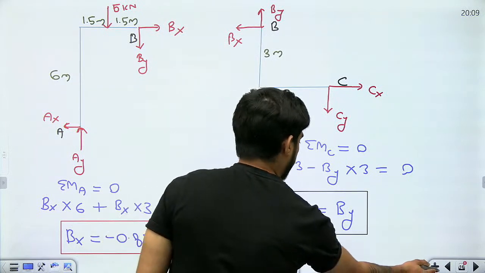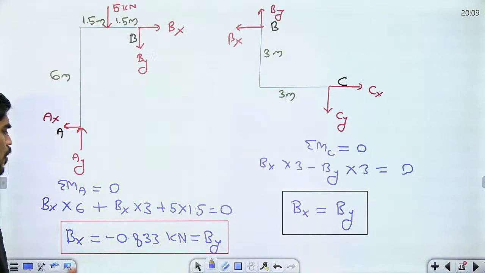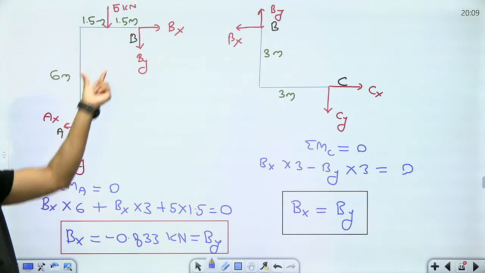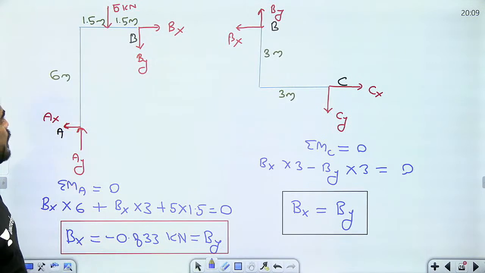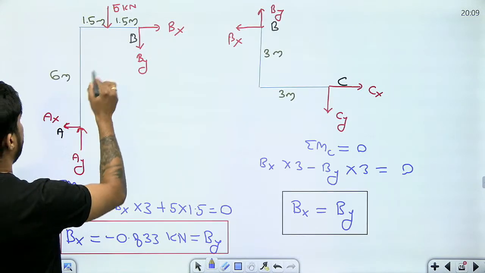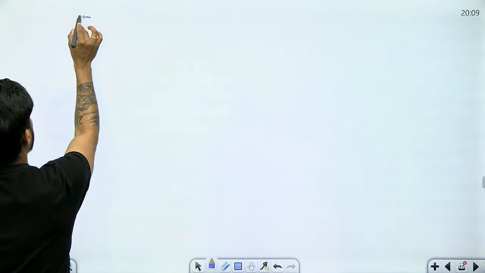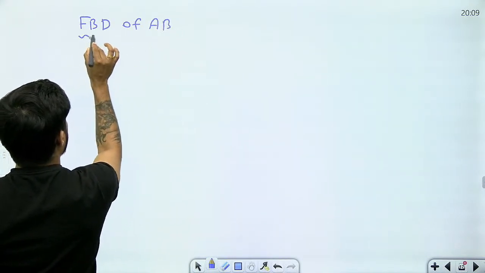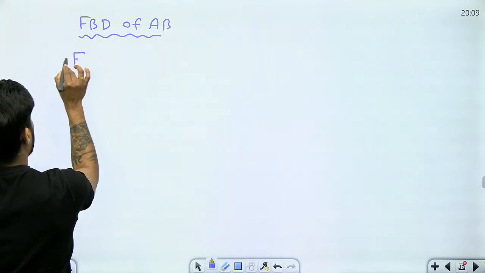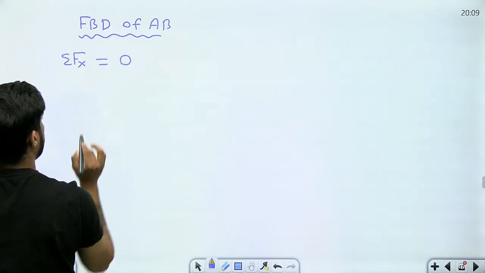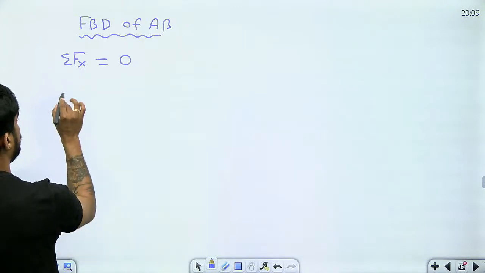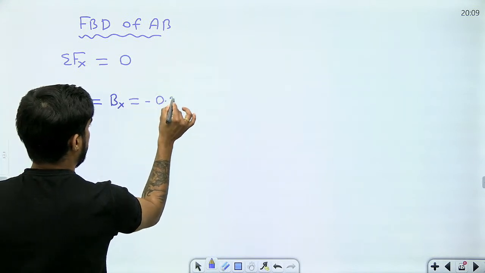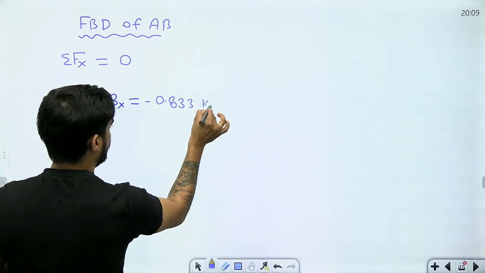चलो, तो अब मेरे भाई, once you have got bx by, by applying summation of fx and fy, you will get ax and ay, right? तो मेरे भाई यहां पे in the fbd of ab, ठीक है, fbd of ab में summation of fx equals to 0 if I apply, I will get ax equals to bx, which is minus 0.833 kilonewton.